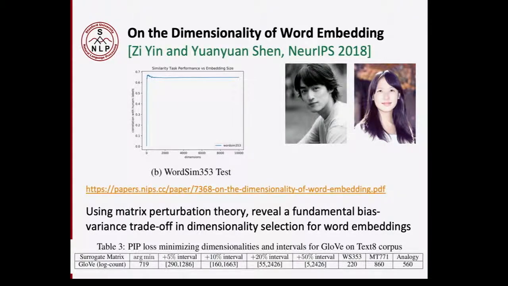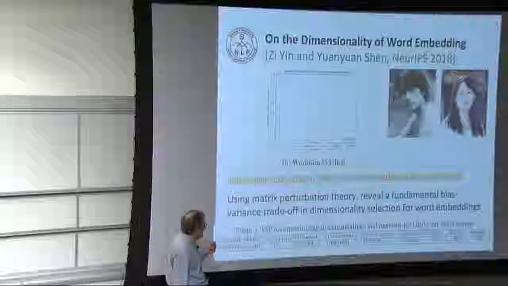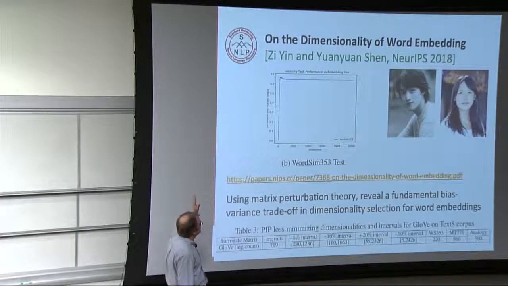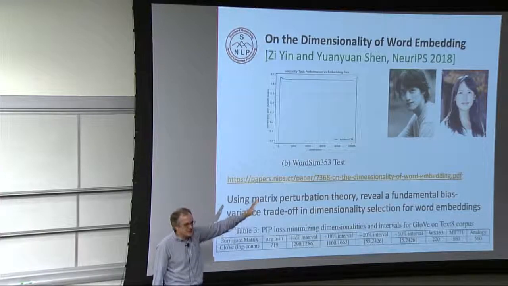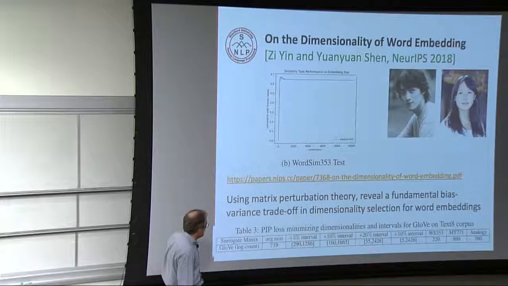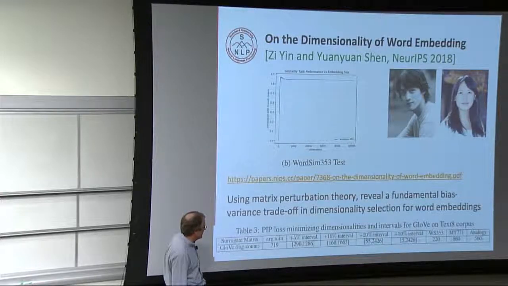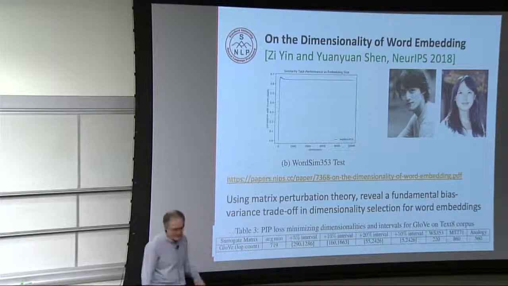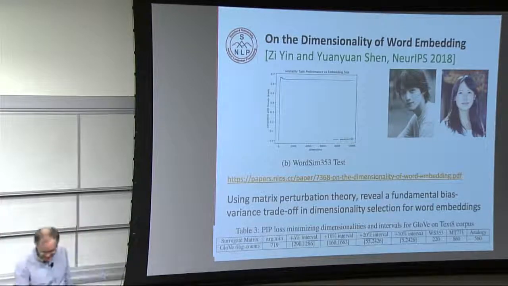And so the interesting result that they show is that things don't fall apart and that you can essentially go out to these huge dimensionalities and the performance stays flat, and that they've got a lot of theory for predicting why that's going to end up being the case.